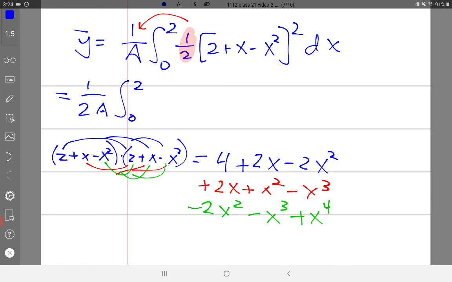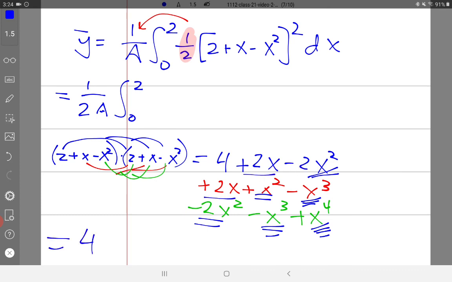So here's what I like to do. Let's see, I see an x to the 4th. So I like to underline that 4 times. I don't see any other 4th powers. I see an x cubed and another one. So I'm going to underline those 3 times, and I'm going to put them together. I see a couple of x squareds and one more. I see a couple of x's, and then I see a lone 4.